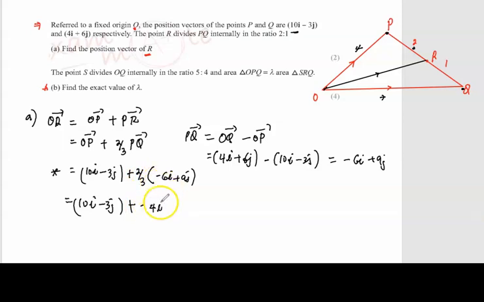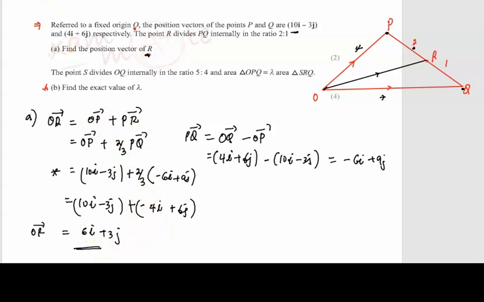We have minus 4i, and then 2 over 3 times 9 gives plus 6j. So your final answer for OR is 10 minus 4, which is 6i, and minus 3 plus 6j, which is plus 3j. This is the vector OR, the position vector of R. So the position vector is 6i plus 3j.